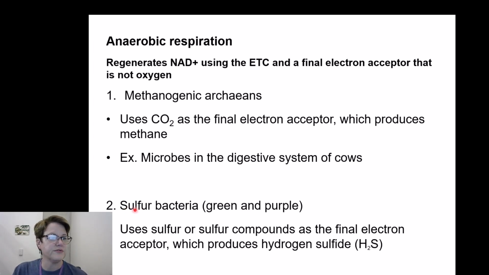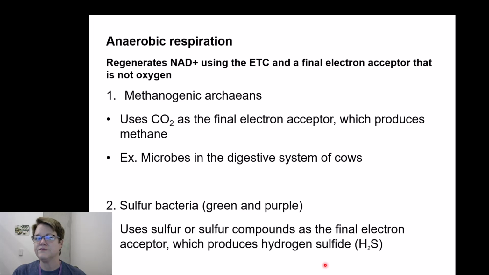The green and purple sulfur bacteria, that's two groups, both use sulfur, hence the name, as their final electron acceptor, and it produces something called hydrogen sulfide.